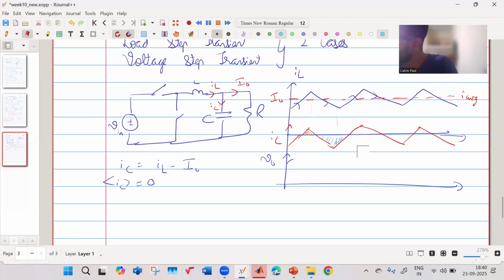If you draw the curve for that, these are the points, right? So in this time, your capacitor voltage will rise. In this time, it will fall. Again, it will rise. Again, it will fall. Right? So again, it will rise. Again, it will fall. This is when it is falling.